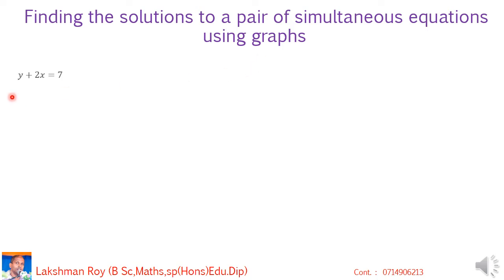So here you can see my first simultaneous equation is y plus 2x equals 7, right. So I name that one as first equation, and my second equation is y minus x equal 1, so that is named as second equation, right. So these are the pair of simultaneous equations. Now I want to find the solution using graph, right.